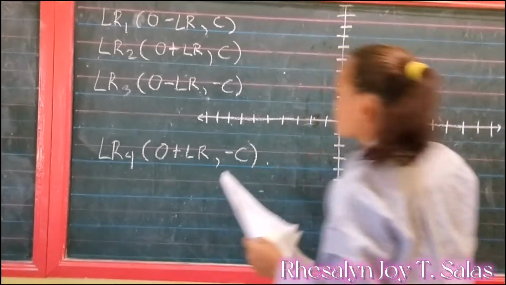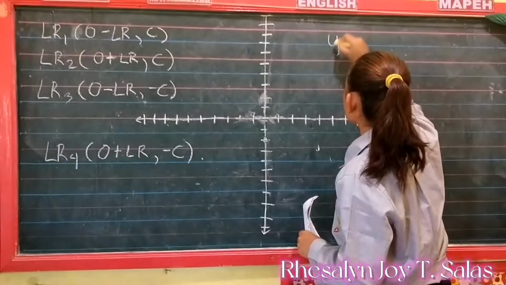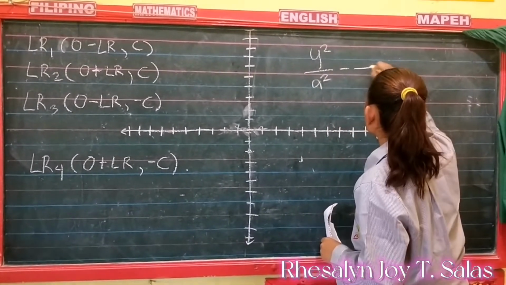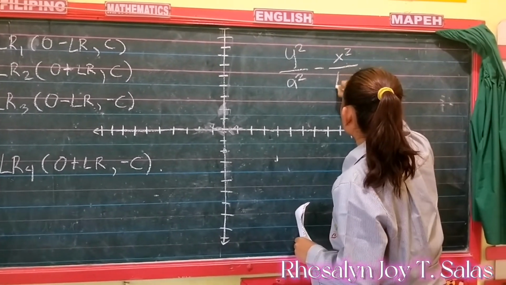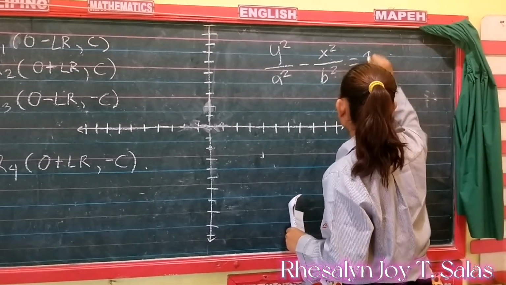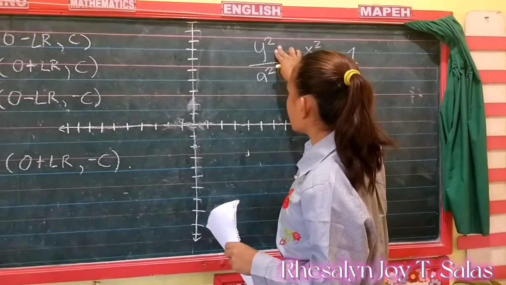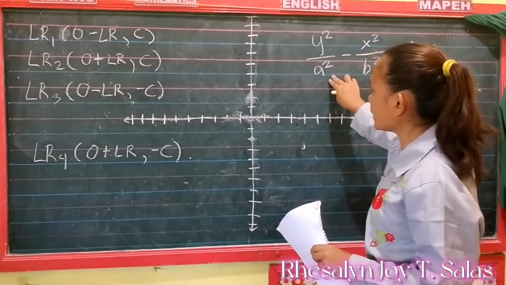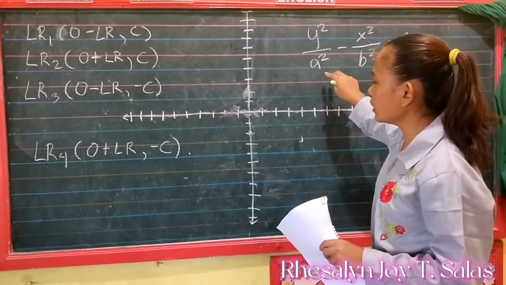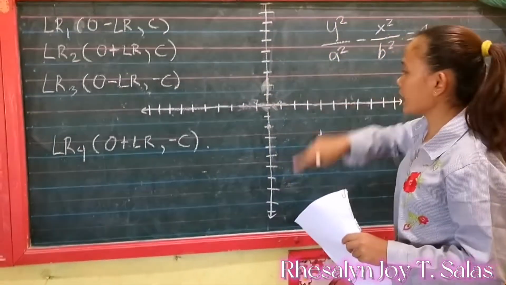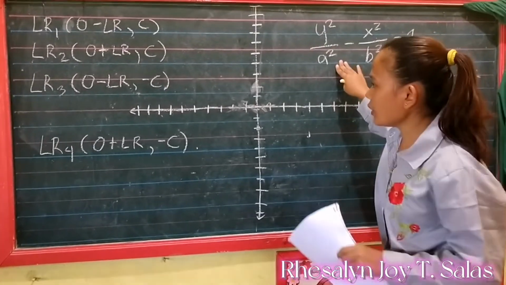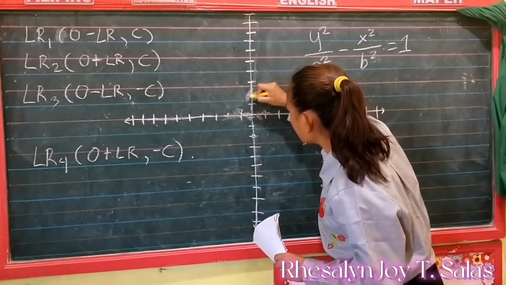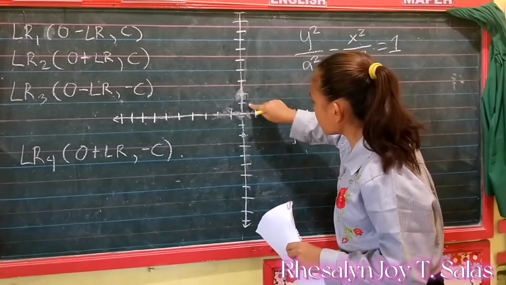So in our equation, y squared over a squared minus x squared over b squared equals 1, the y squared term comes first, so the hyperbola will open up and down. To locate the vertex, here is the vertex, and the parts are mirrored.